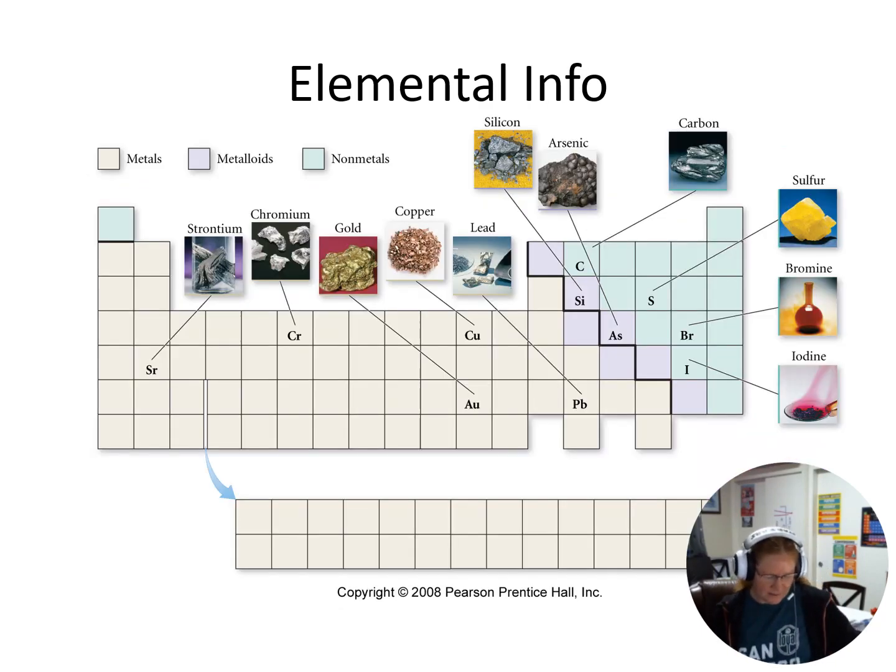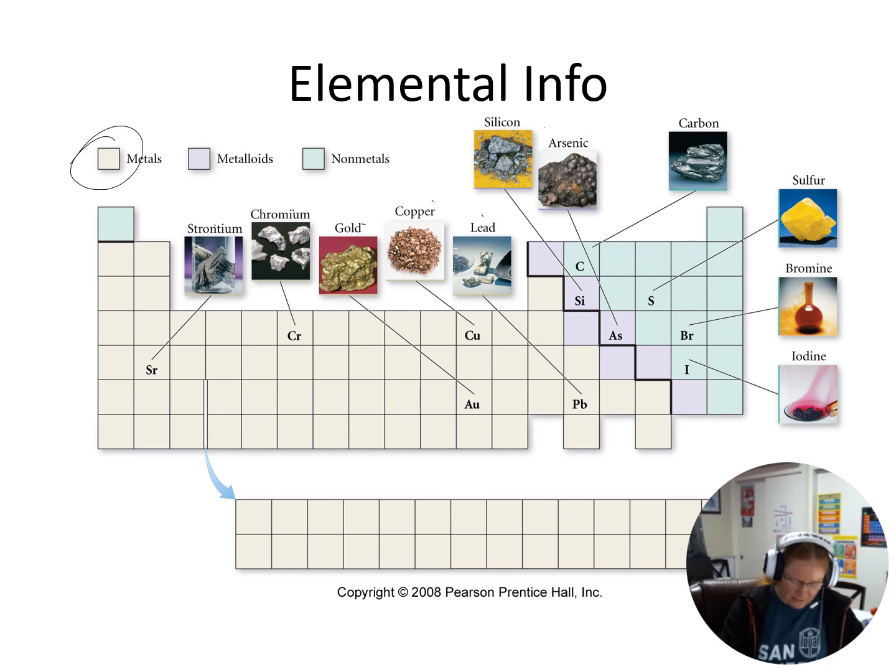Okay. And so this just kind of gives you some pictures that our metals are getting to be solid. So strontium and chromium, gold, copper, lead. Those are metals. Those are solids. They're shiny. All right. And then we look at things like silicon and arsenic. So silicon and arsenic are those semi-metals.